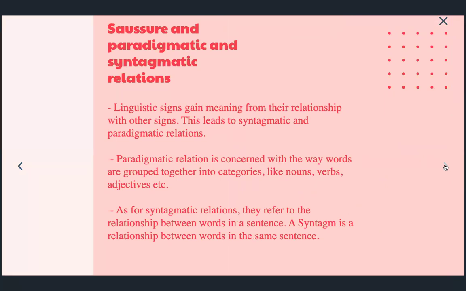Paradigmatic relation is concerned with the way words are grouped together into categories, like nouns, verbs, adjectives, etc. Words in the same group or word class can be exchanged for each other in a sentence. For example, the dog or the cat or the chimpanzee beat me, or him or her, and so on.